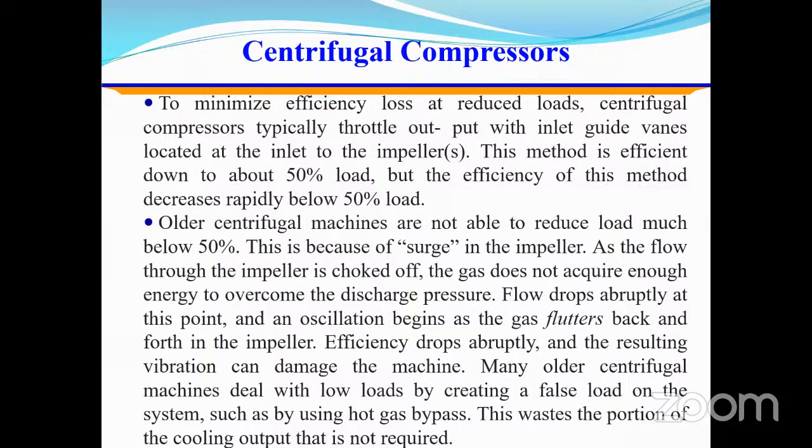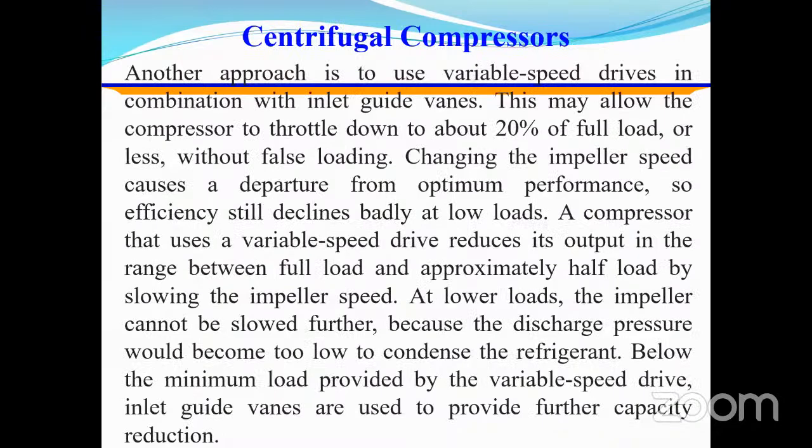Many older centrifugal machines deal with low loads by creating a false load on the system, such as by using hot gas bypass. This wastes the portion of the cooling output that is not required. Another approach is to use variable speed drives in combination with the inlet guide vanes.